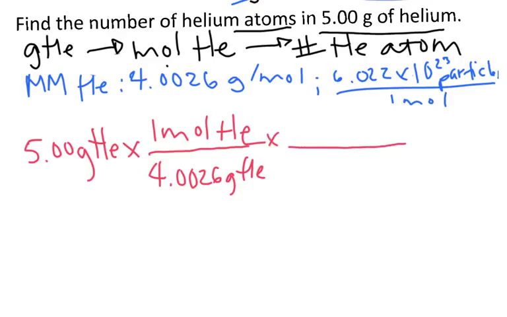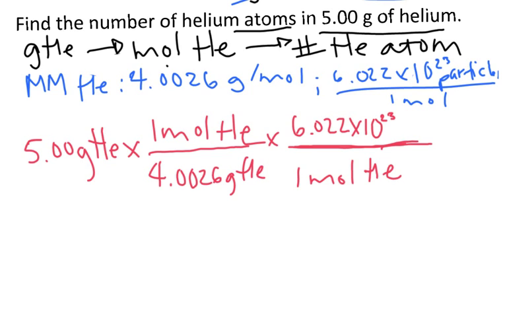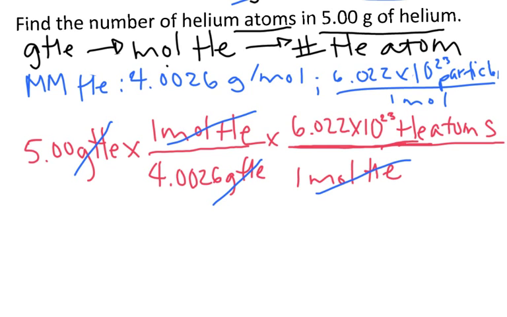For every 1 mole of helium atoms, we know that there are going to be 6.022 times 10 to the 23. So we're going to make sure that all of our units cancel out, our grams cancel out, our moles cancel out. We're left with helium atoms, which is what we want. 5 grams has 1 sig fig, so our answer should only have 1 sig fig. I'm going to put this in your calculator.